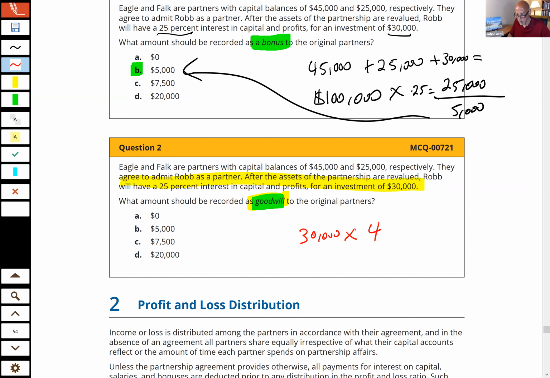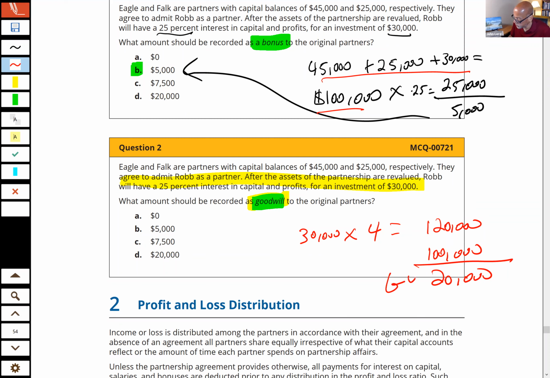Since he's only getting a 25% interest for this 30,000. Well, if the partnership is worth 120,000, and then we know from the previous that the actual equity that's been paid in is only 100,000, then there must be 20,000 of Goodwill here. Okay.